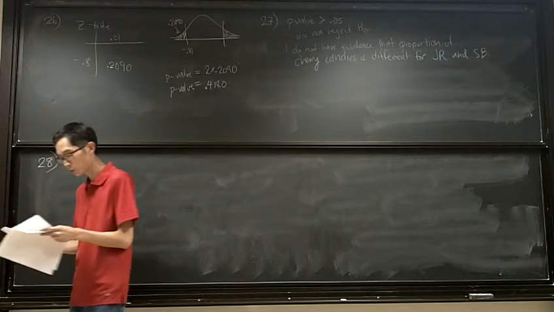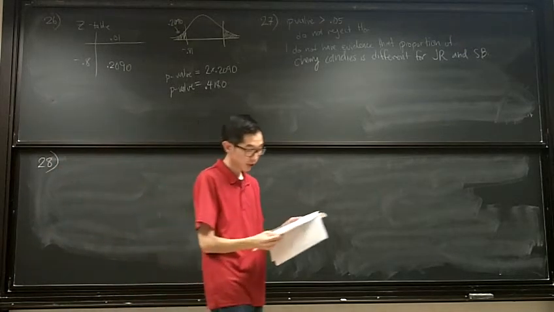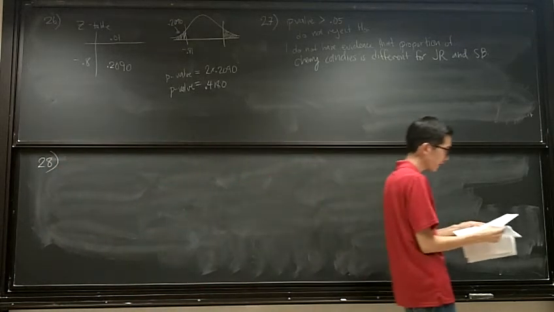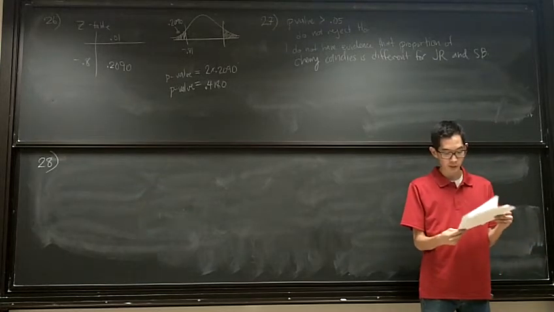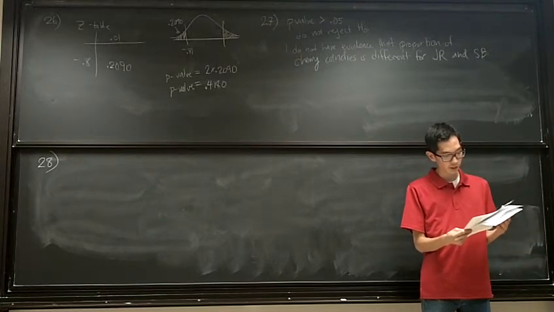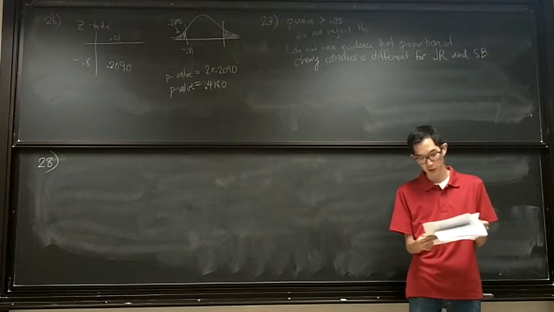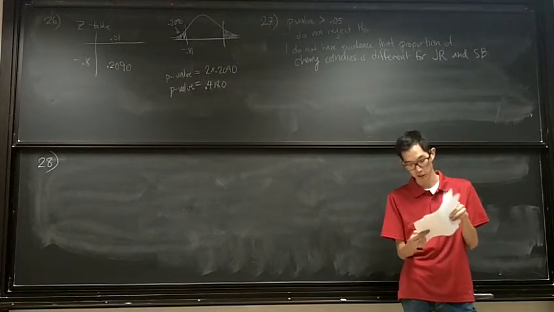Alright, let's look at 28 through 33. It says researchers want to know if drinking caffeinated drinks improves reaction time. They randomly select volunteers and in a blinded experiment give some of them caffeinated drinks and others non-caffeinated drinks.